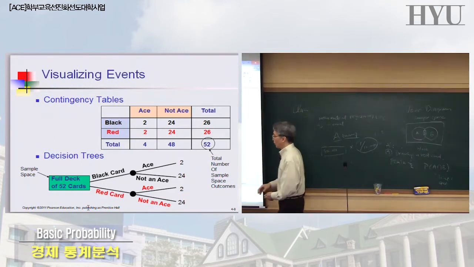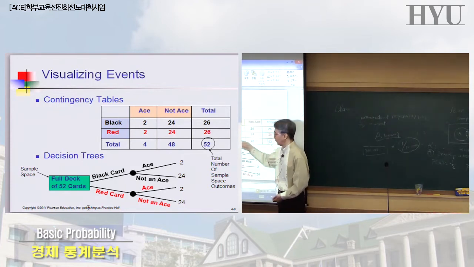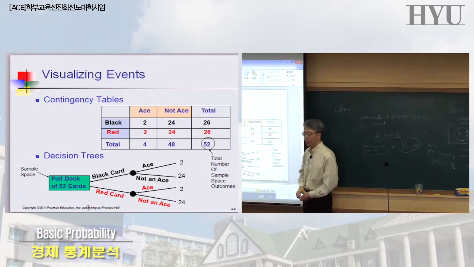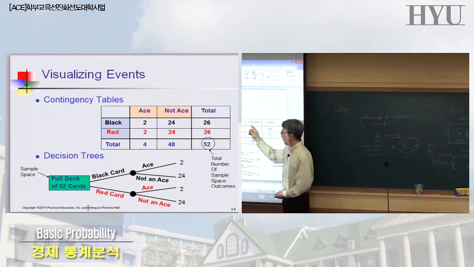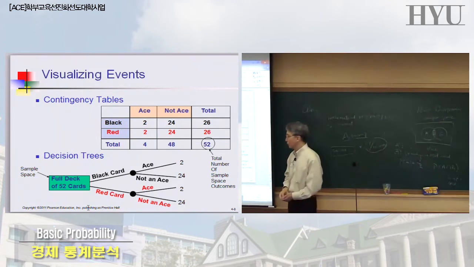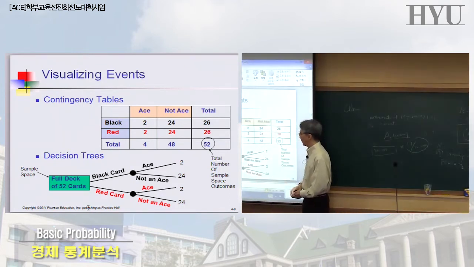We can classify 52 cards by color, black and red, of course 26 each, and ace, not ace. There are only 4 aces, 1 ace in each suit, so there are a total of 4 aces and 48 non-aces.